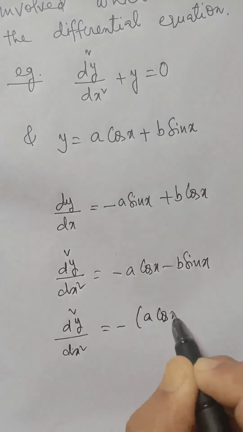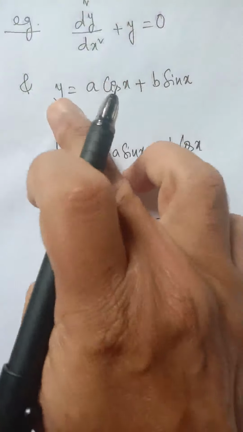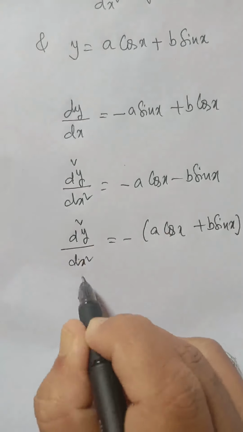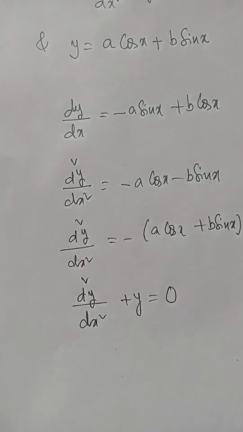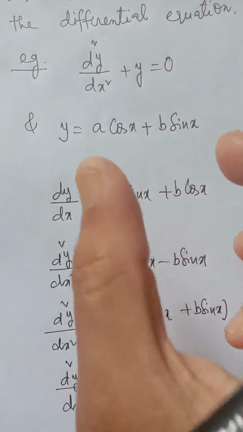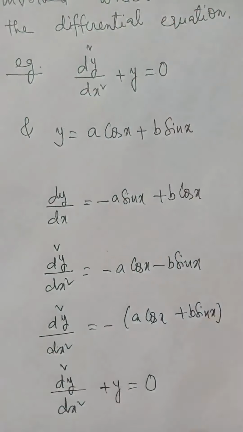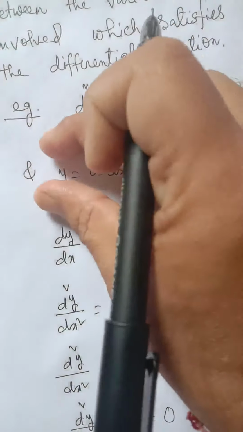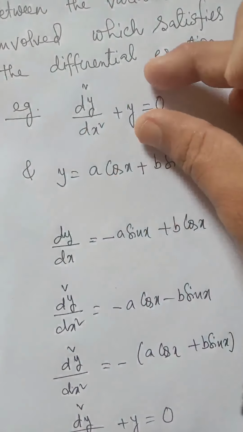This becomes minus of a cos x plus b sin x, and a cos x plus b sin x is equal to y, so this becomes minus y. Bringing y to the left hand side, it is d2y by dx square plus y equal to 0. So differentiating twice, we get d2y by dx square plus y equal to 0. That means this relation satisfies this equation. Therefore, it is a solution of the differential equation.